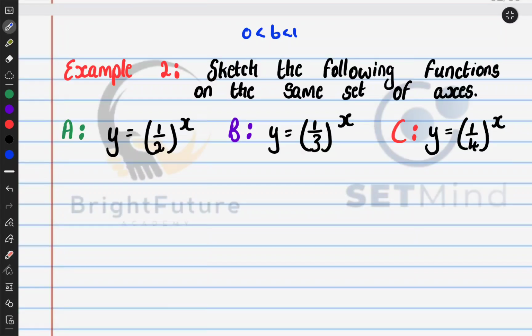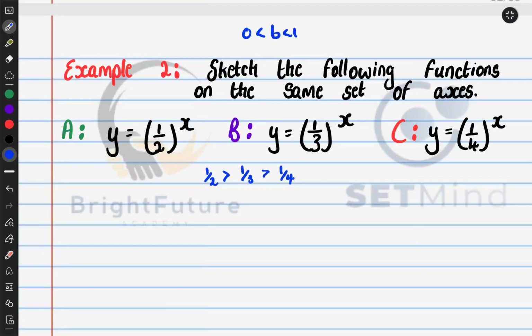Also keep in mind that 1 over 2 is greater than 1 over 3, which is greater than 1 over 4. So which one is the smallest? The smallest is function number c, which is y is equal to 1 over 4 to the power of x, and it has the smallest value of p.